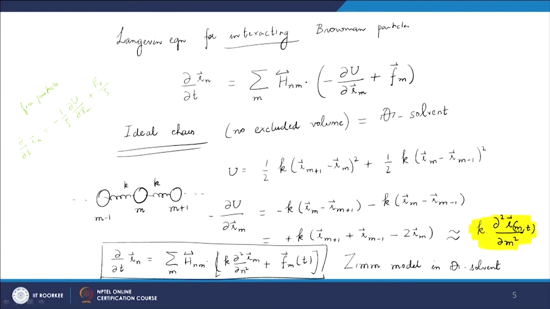and then we tried to solve the Zimm model, and I only hinted at the main steps in the solution. So, we started from the Oseen tensor that we have derived by Stokes approximation.